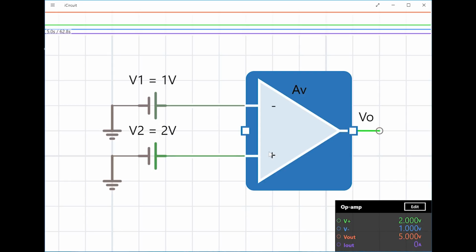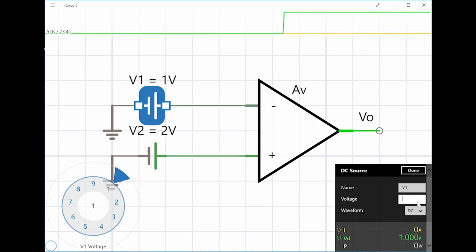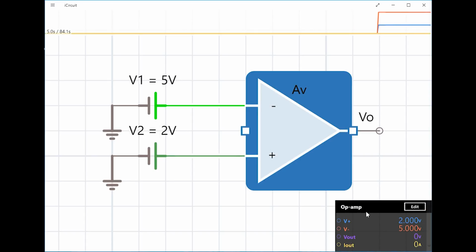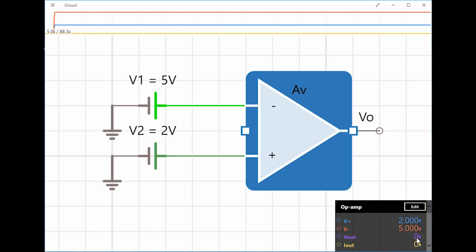So because the voltage at the non-inverting terminal is greater than the voltage at the inverting terminal, we're getting a 5 volt positive logic high. Let's make it the other way around. Let's say that the voltage at the inverting terminal is higher than the voltage at the non-inverting terminal. In this case, we're getting an output of 0 volts, which is the logic low.